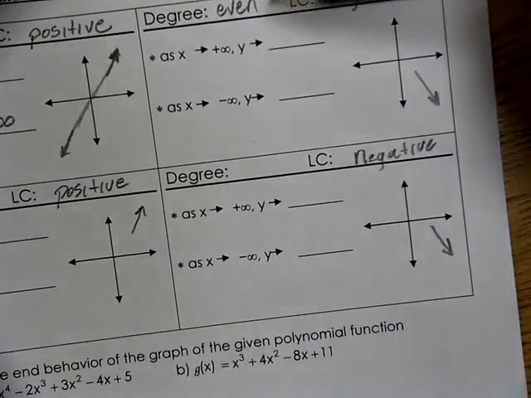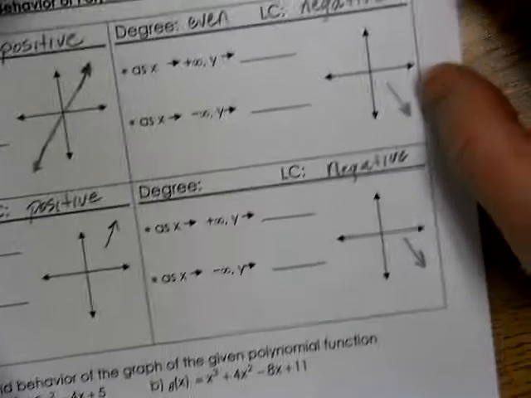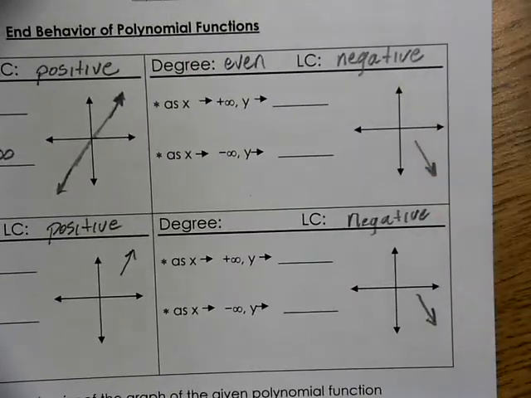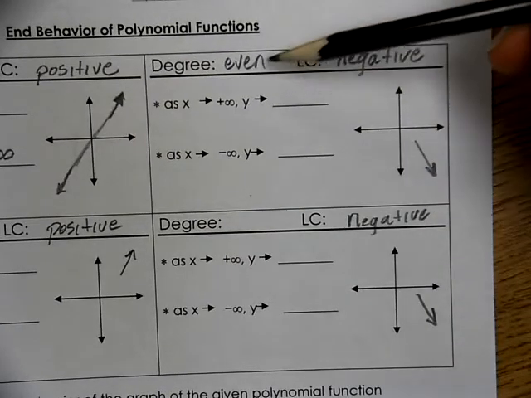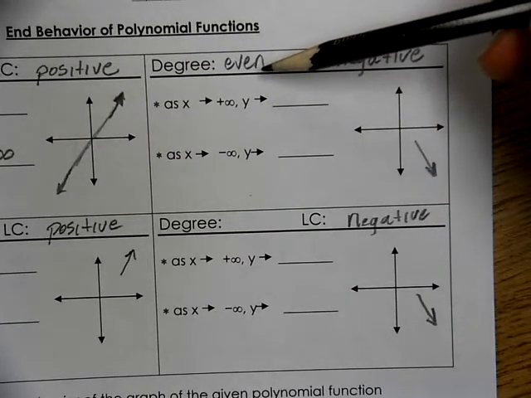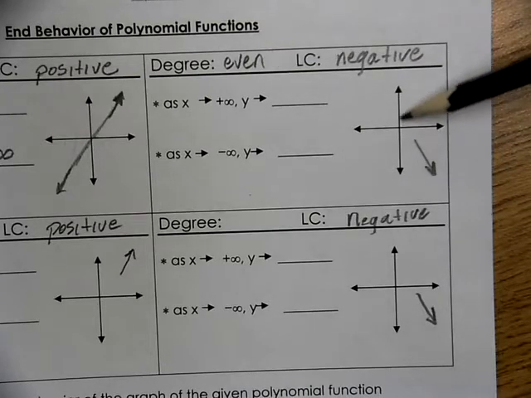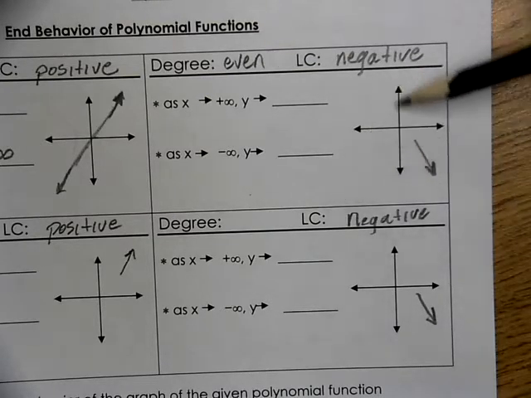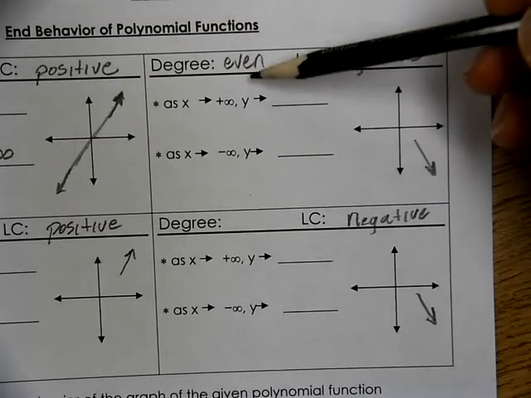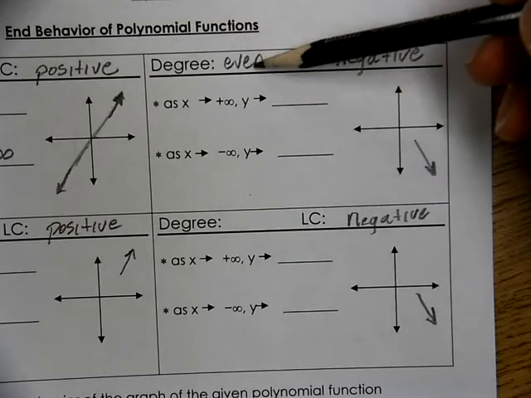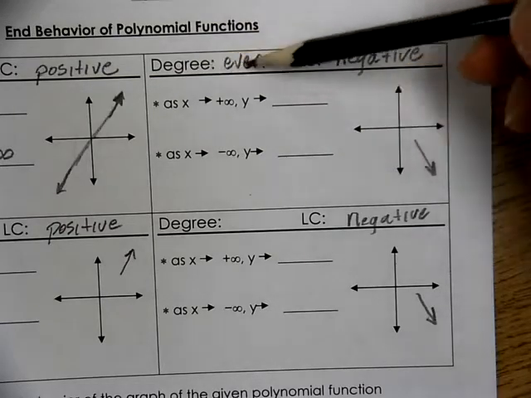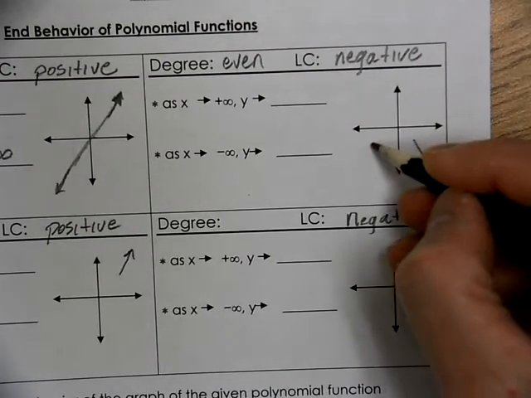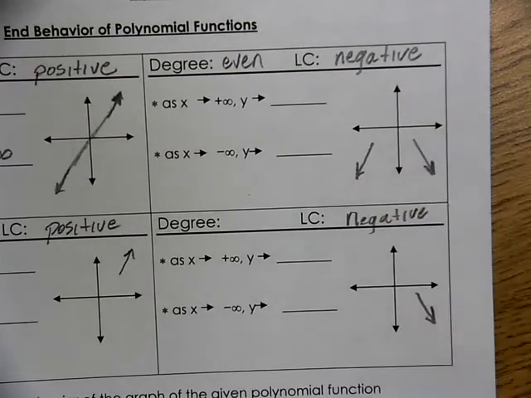All right? Now, if it's even, the even that you're familiar with is a quadratic. When you draw a parabola, they go up, but then they both go down in the same direction because it's an even term. The degree is even, then it's also going to be going down.